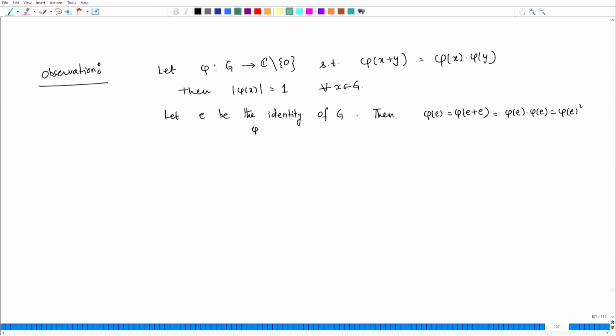Therefore phi E is equal to 0 or 1, because z square equals z can only happen when z equals 0 or z equals 1. Now, since phi is a map whose range does not take the value 0, phi of E is equal to 1. Hence, by the lemma, the modulus of phi of x is equal to 1.